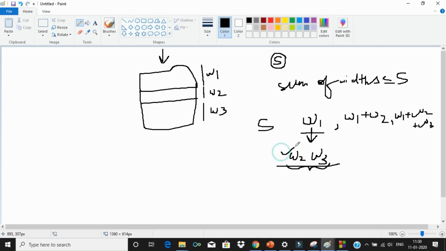W2 can be broken in the next hit and W3 can follow it. So there is no need of reversal. There is no need of stack reversal.